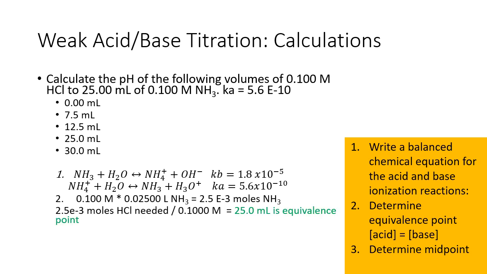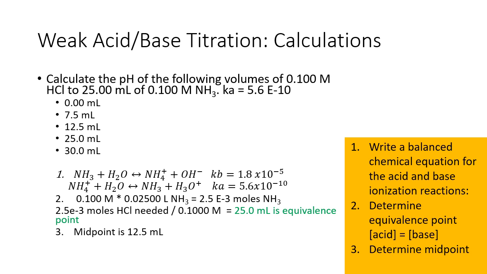I take my molarity times my volume in liters, and I get 2.5 moles of NH3, and then I divide that by the molarity of my HCl, and I get that the equivalence point should be 25 milliliters. The midpoint is half of that, 12.5.